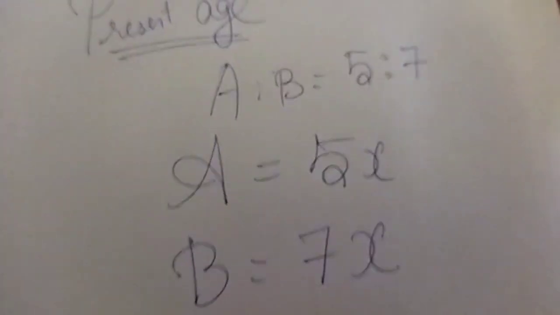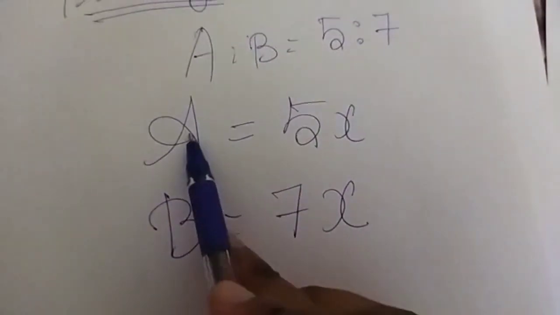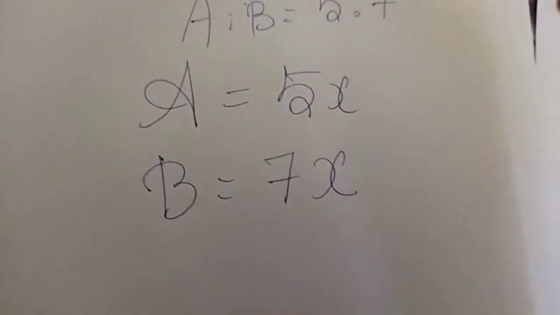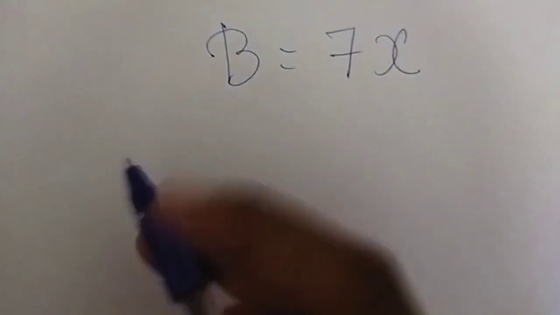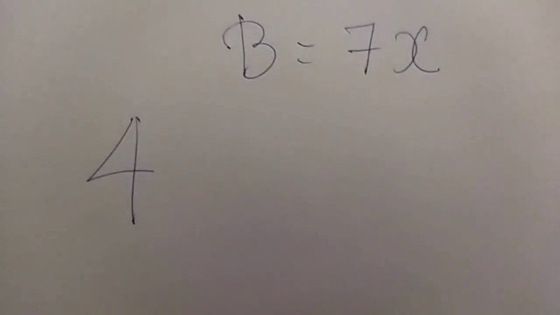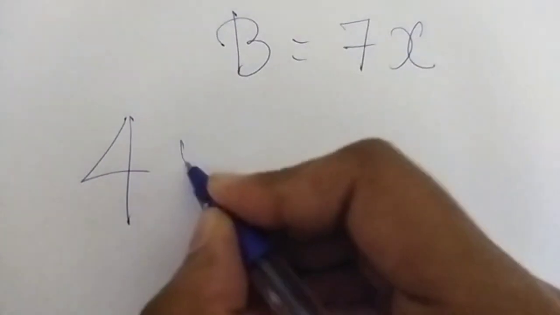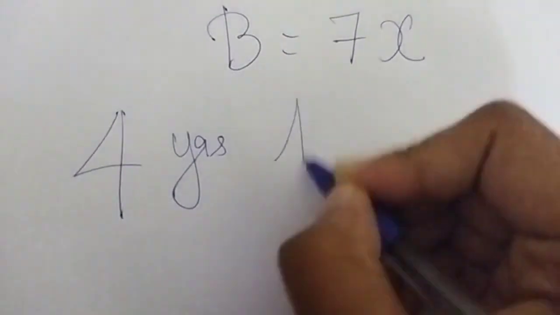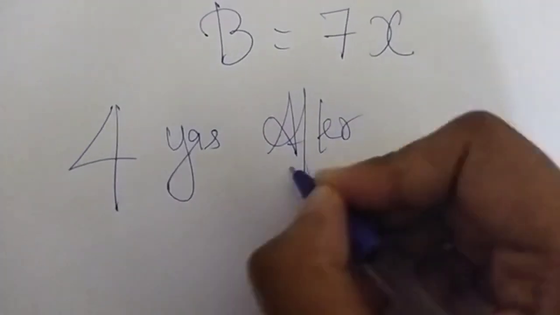Next, given that 4 years from now means 4 years after. So if your age is 10 years, after 4 years what will be your age? 10 plus 4, 14.